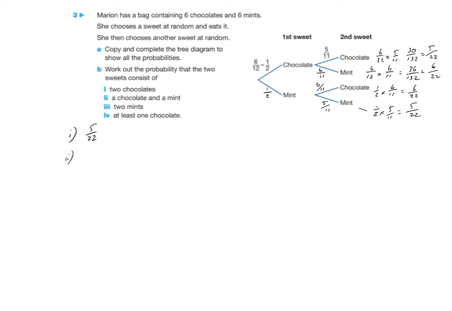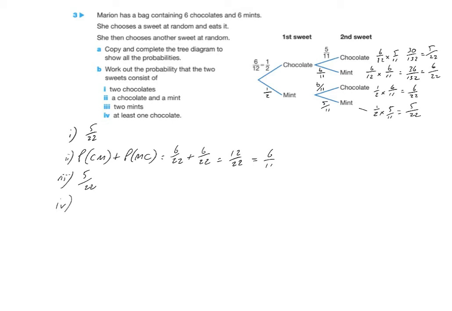Question 2, a chocolate and a mint. Now, it could be probability of chocolate and then a mint, or probability of a mint then a chocolate. Okay, well, that's going to equal, we know that 6 over 22 plus 6 over 22 equals 12 over 22. If you leave it like that, that's absolutely fine. If you want to cancel it down, 6 over 11, that's also okay, same thing. 2 mints, we've got that, 5 over 22.